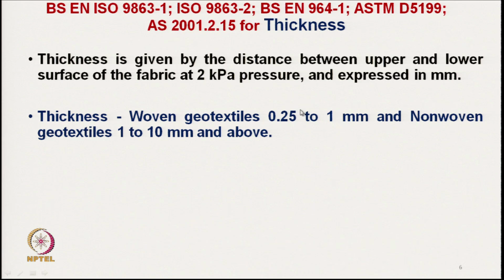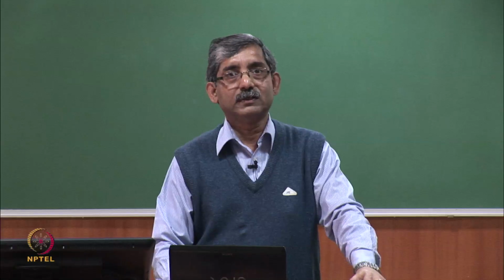Woven geotextiles have a thickness range of 0.25 to 1 millimeter, sometimes it can go beyond 1 millimeter, and for nonwovens the thickness ranges from 1 millimeter to 10 millimeter and above, so we can get very high thickness. This thickness is very important for drainage and filtration applications, and also we must know the compressibility of geotextile, because with compression the flow characteristics also change.